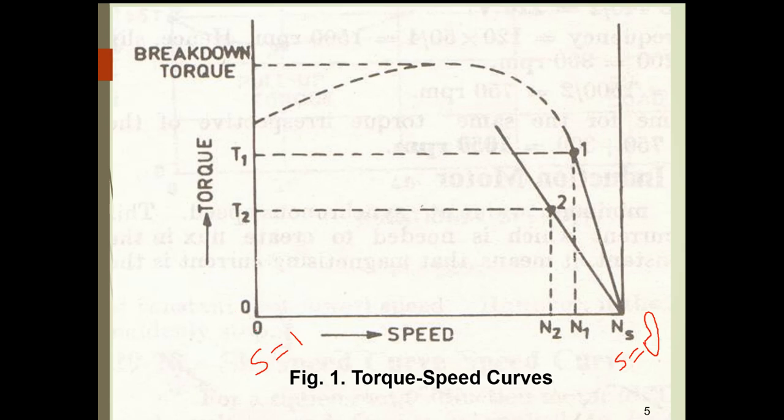So the slip formula is s equals (ns minus n) divided by ns. As n is equal to 0, ns divided by ns is equal to 1. So at standstill s is equal to 1.